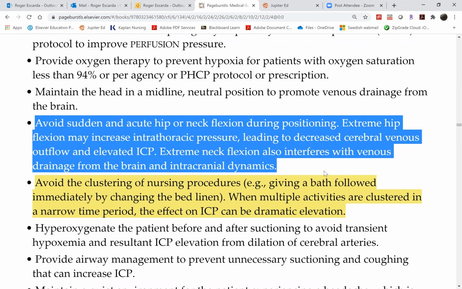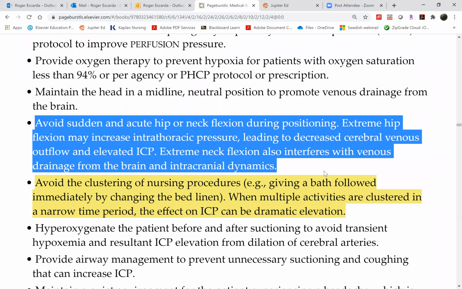Remember that the patient will be intubated here in most cases. So therefore, do we need to suction the patient when they're intubated now? Yes, we do. And what is now the effect of suctioning on the patient, specifically on ICP? Increases ICP.